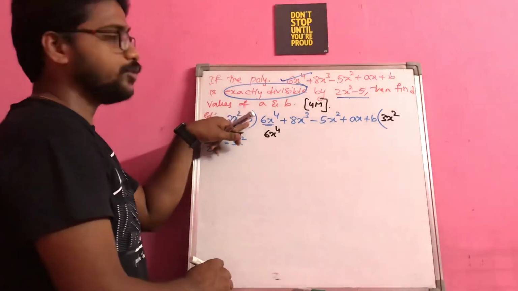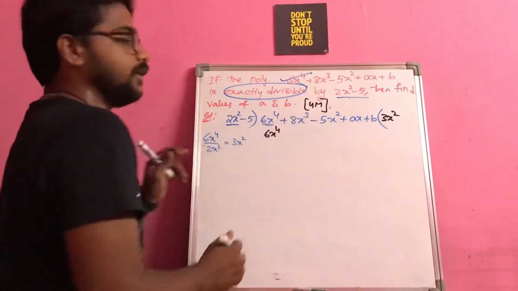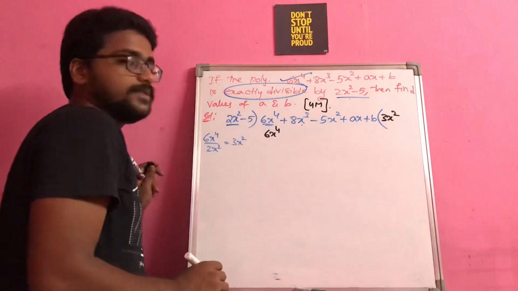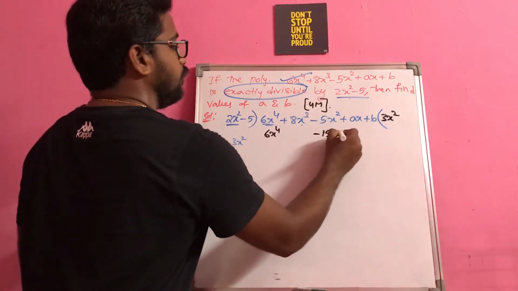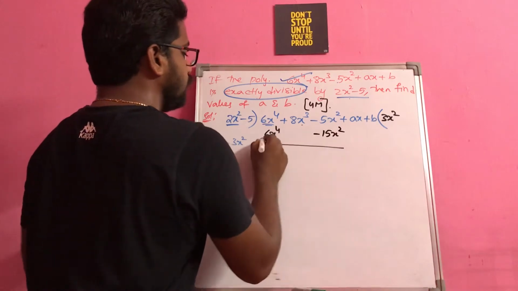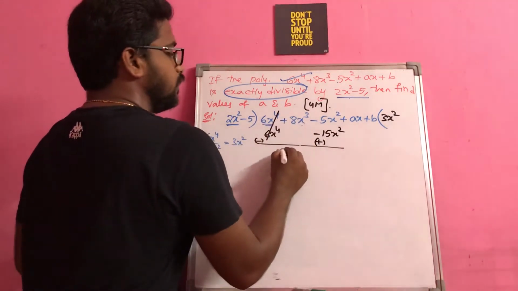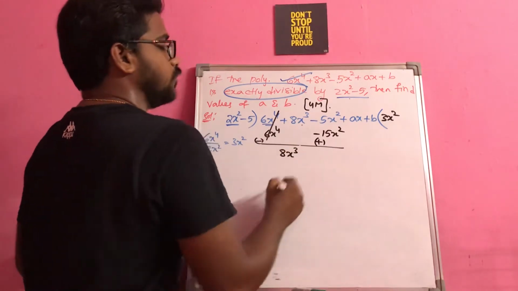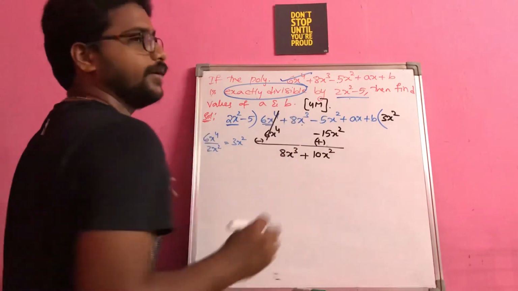Please be careful here: I have an x cube term, so I am just skipping this part and writing 15x square here. Do the subtraction, this will get cancelled. This is not affecting your answer, so 8x cube and then plus 10x square you are getting.